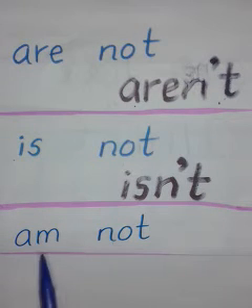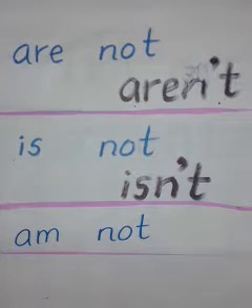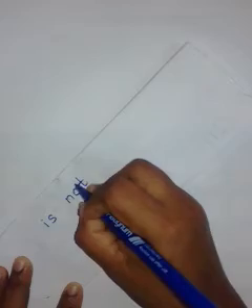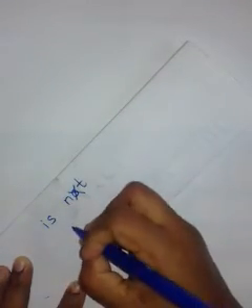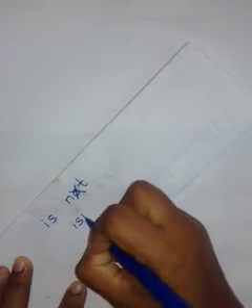The better way is to use am not without contracting. Look here, is not. We can omit this o and make one word, isn't.